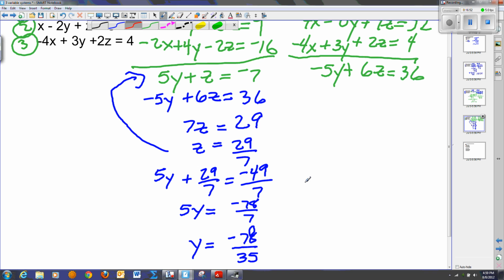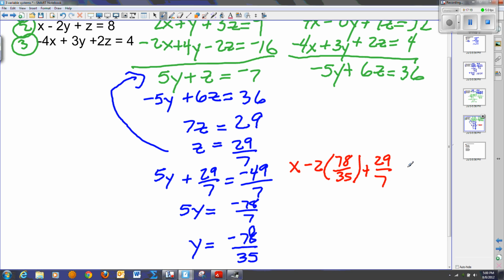So I have x minus 2 times 78 over 35 plus z value, which is 29 over 7, and that's all supposed to equal 8.